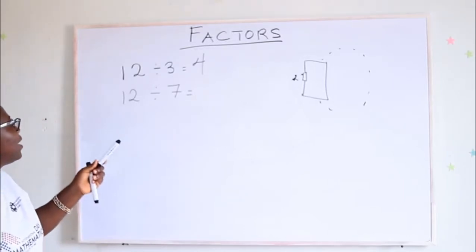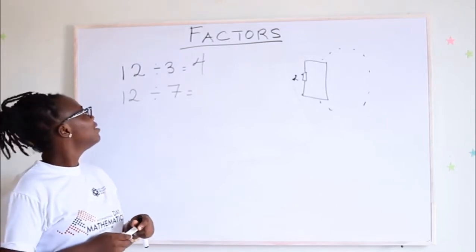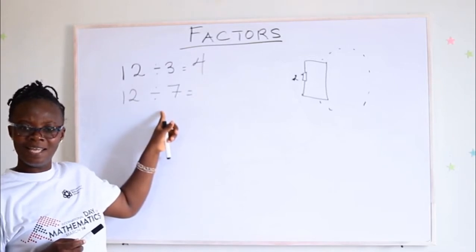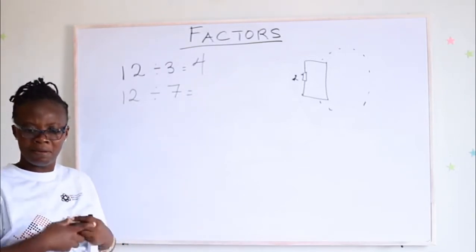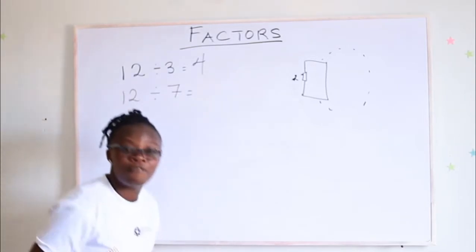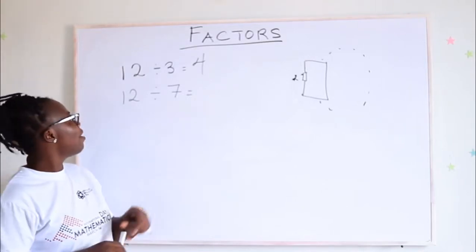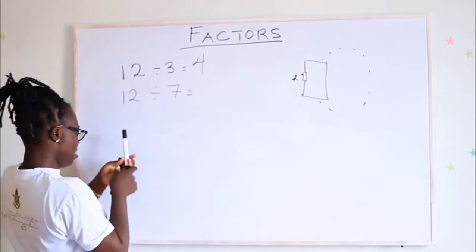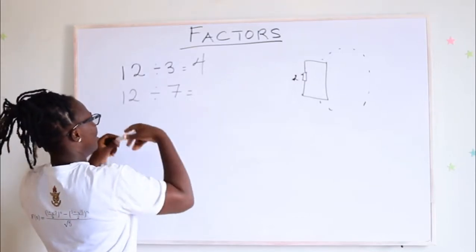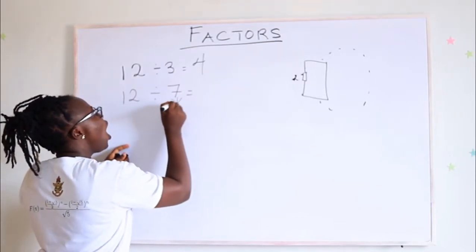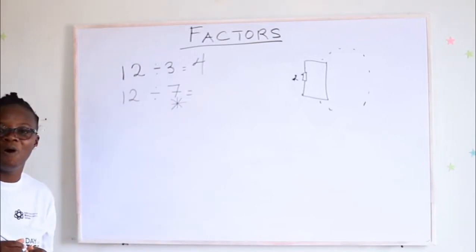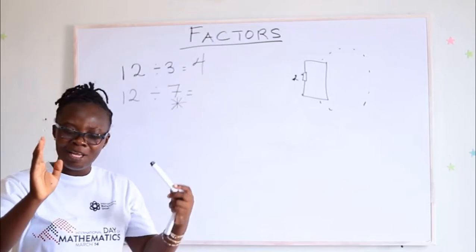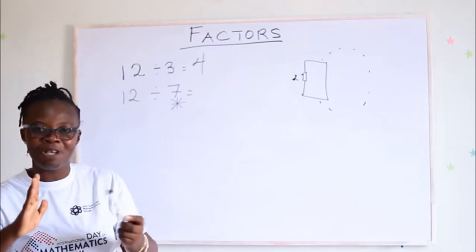What do you think will happen? It cannot go in exactly. It will go into it 1, remainder 5. So 7 here is a no. It cannot be a factor of 12. So now I hope you get the concept of factors.